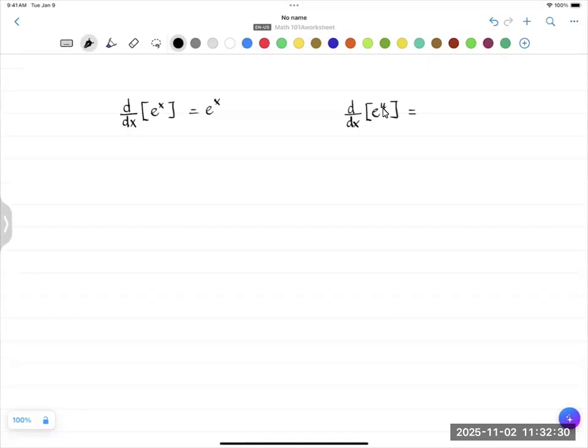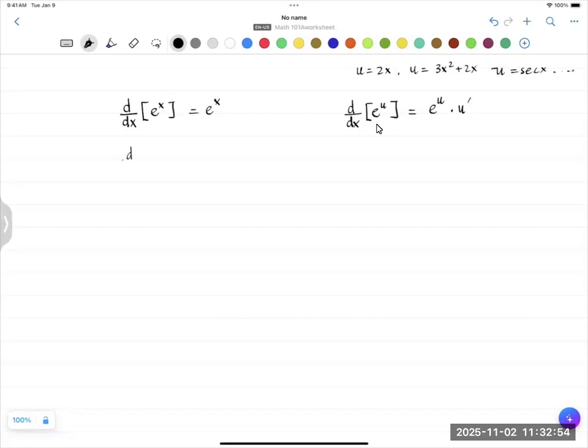U can be anything. U can be 2x, u can be 3x squared plus 2x, or u can be secant x, something, and so on. Okay, so it can be anything in the exponent, not just a single x. If you only have just a single x, then there's no chain rule, but this one has a chain rule. Then you're going to have e^u times u prime.